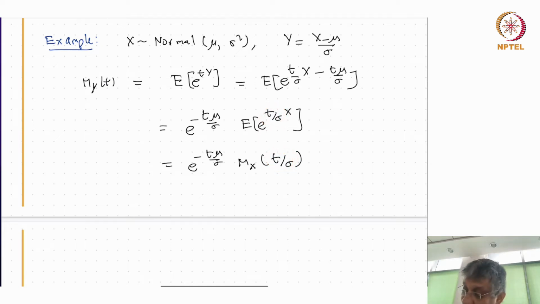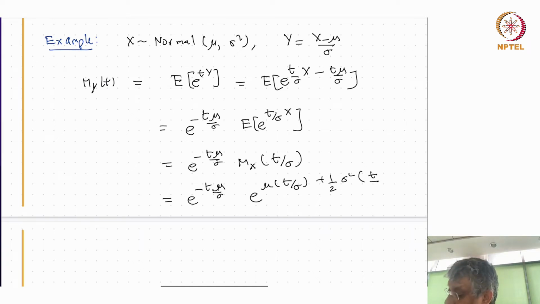But this we know from the previous calculations: it is e to the minus t mu by sigma, and inside I'll have e to the mu times t by sigma, plus 1/2 sigma squared into t by sigma, the whole squared. If I do the algebra, I'll get e to the t squared by 2.